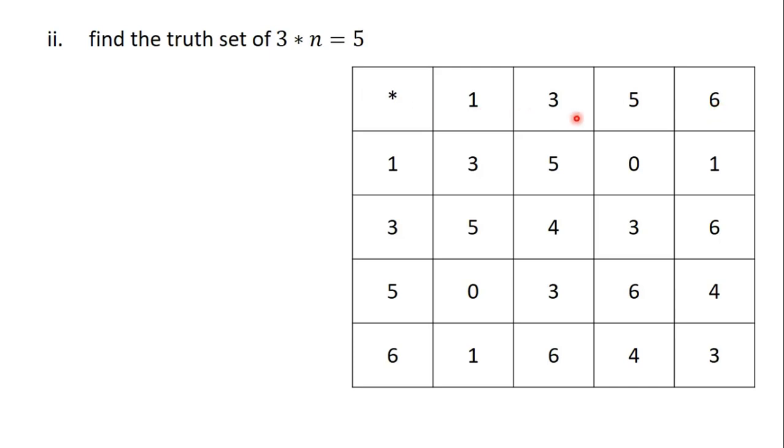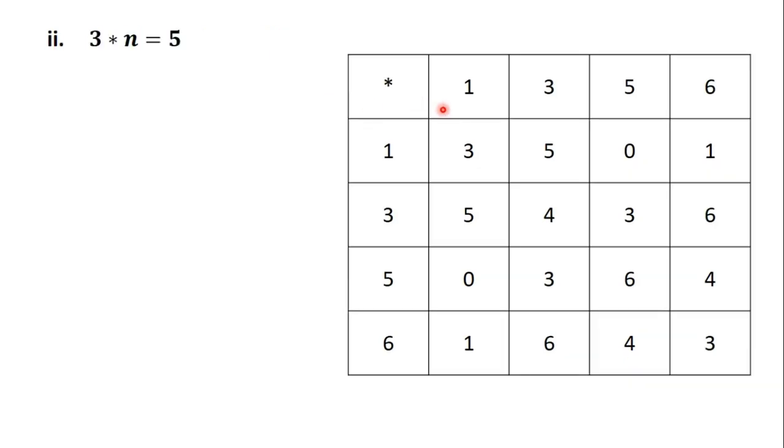There are some values in this set that will satisfy the equation 3 star n is equal to 5. To find those values, we are going to try them out one after the other. We will begin with the first one, which is 1. Remember that the equation is 3 star n is equal to 5. When n is equal to 1, the expression 3 star n will be equal to 3 star 1.